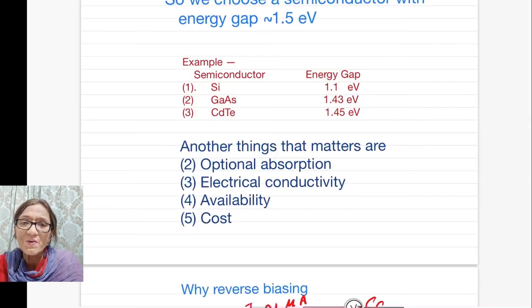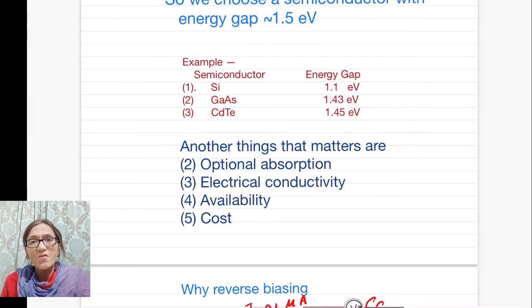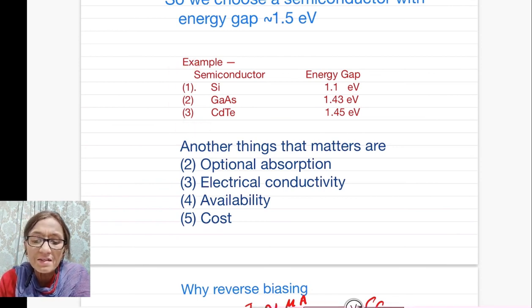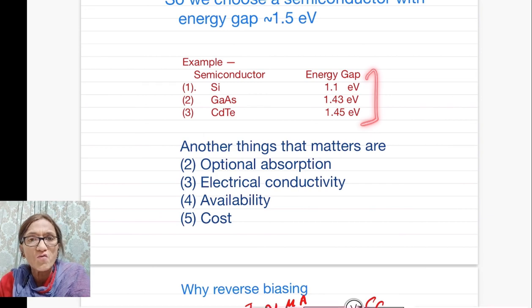So I conclude. For the formation of solar cells, photovoltaic cells, we should choose the semiconductors on certain bases. First criterion is their energy gap. These semiconductors are very suitable for making a solar cell.